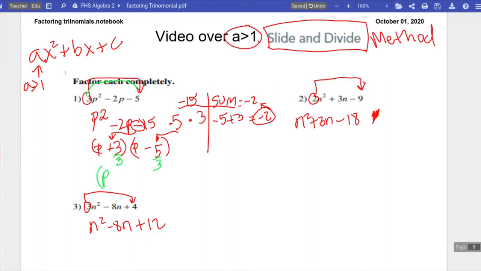So p plus 3 divided by 3 can be simplified to 1. But the next one, you cannot simplify 5 divided by 3. Since you cannot simplify it, you can just multiply. It would be 3p minus 5.